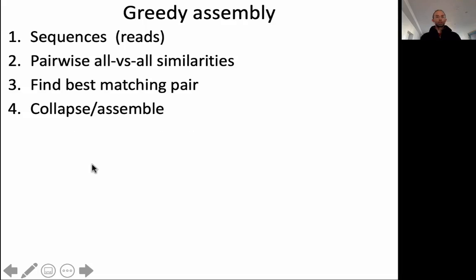The greedy assembly algorithm is very simple. It has 4 steps. In the first and second step, you take all of the sequences in your data set, which initially are the reads derived from the sequencing machine. You identify similarities between every pair of sequences in the data set, and then you find the best matching pair to assemble. These two sequences are combined and assembled into a single contig.